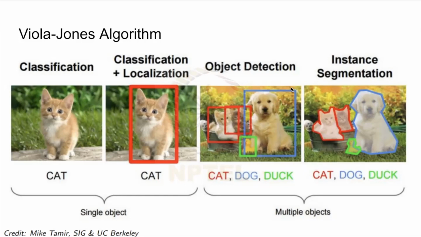And if we go one step further, the next thing is called instance segmentation. In instance segmentation, we don't go for the bounding boxes. We go one step forward and say in this region the object is there.